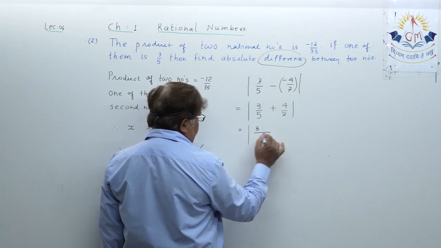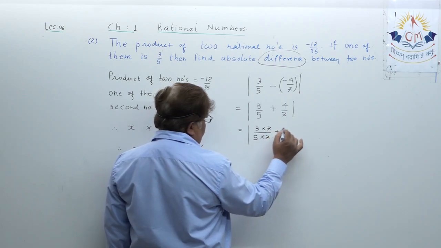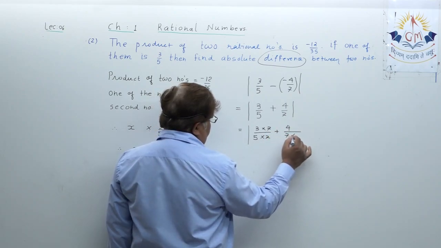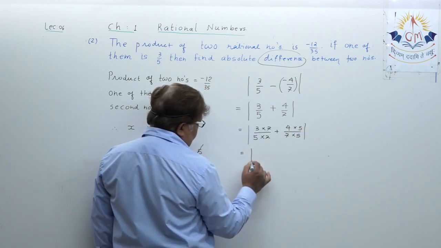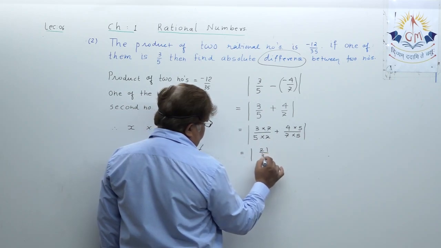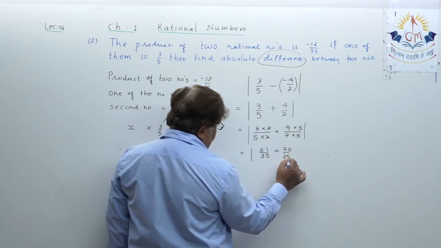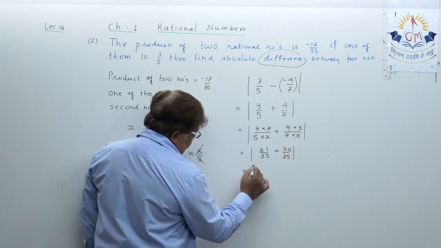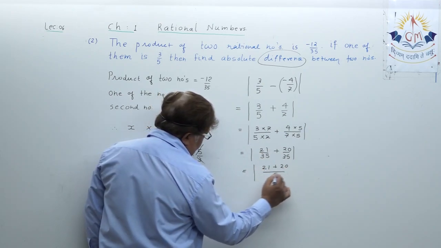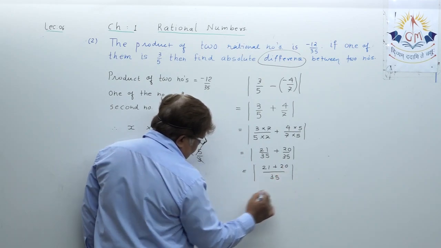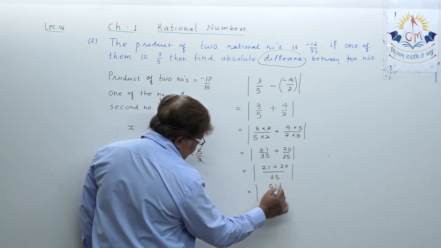Accordingly, 5 7s are 35, 7 5s are 35. So this turned out to be 21 upon 35 plus 20 upon 35. Then 21 plus 20 upon 35 turns out to be 41 upon 35.